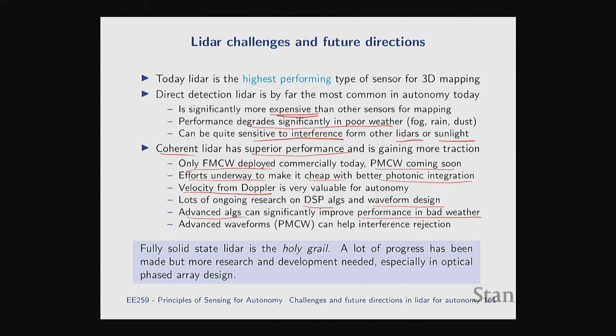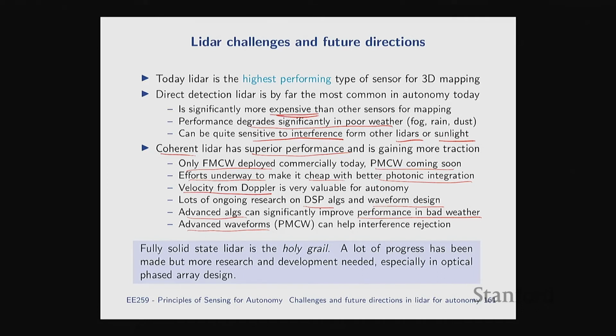There are some very promising early research results that show you can improve a lot. That's unique to coherent LiDAR because you need the full field to be able to invert some of these weather effects. Another one is advanced waveforms, as we saw for PMCW. They can help with interference and make it more robust to Doppler, and so on and so forth.